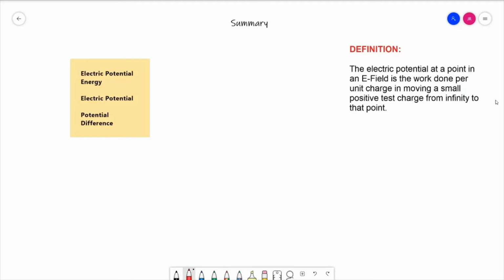So in summary today then, we've looked at 3 different concepts. Firstly, we've looked at electric potential energy, and we have the equation EP is equal to Q1 Q2 over 4 pi epsilon naught R. For electric potential, we have the definition: electric potential at a point in an electric field is the work done per unit charge in moving a small positive test charge from infinity to that point.